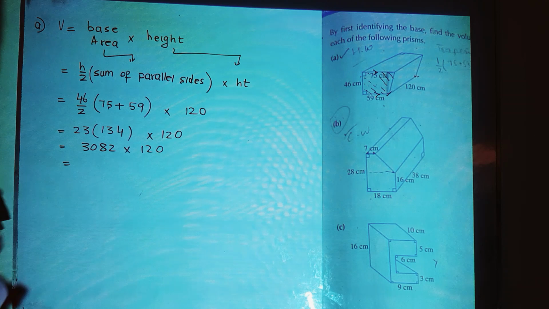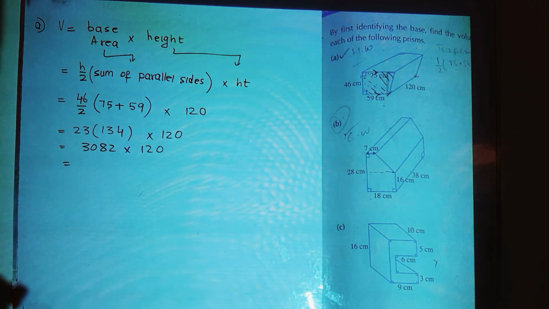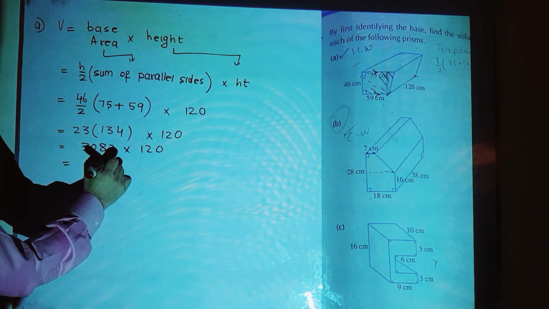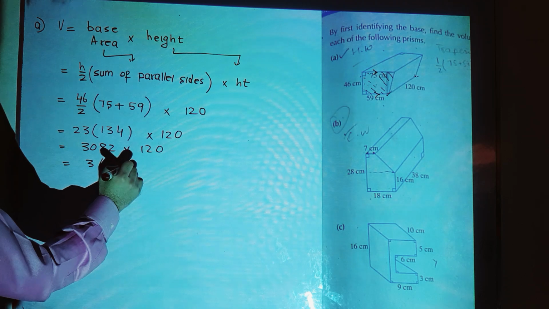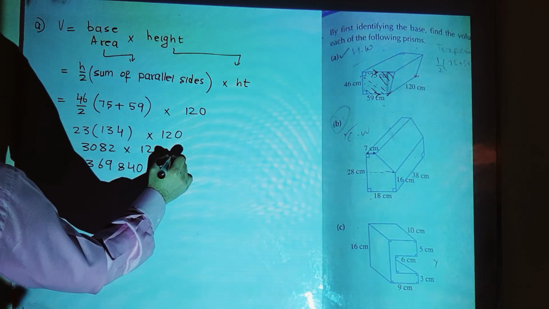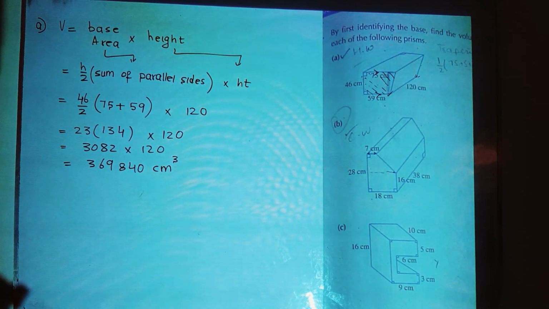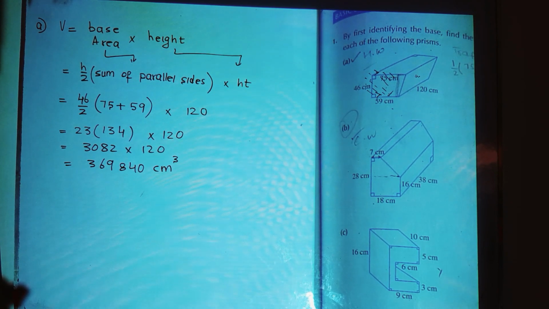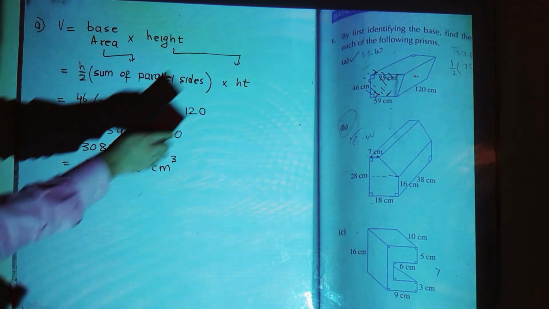Multiply 3082 by 120, and you will get 369,840 centimeter cube as the volume for this prism. So that is the volume of this shape.